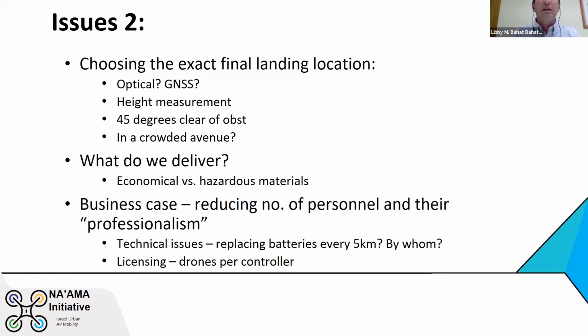If you have an operator where it takes off and an operator where it lands, and changing batteries is something that someone qualified would have to do, everything has a meaning in terms of money. Licensing, drones per controller. Right now, the regulation theoretically allows us only one. Of course, it's very non-economical.